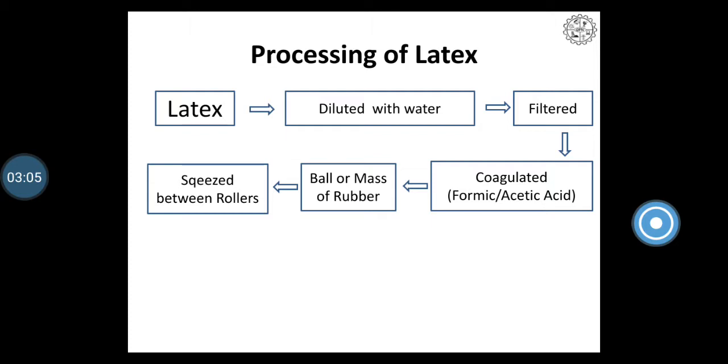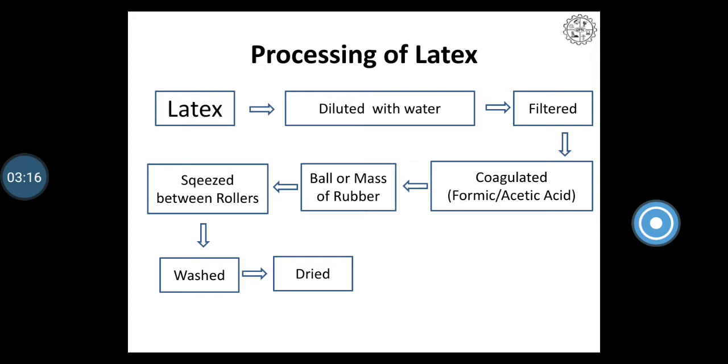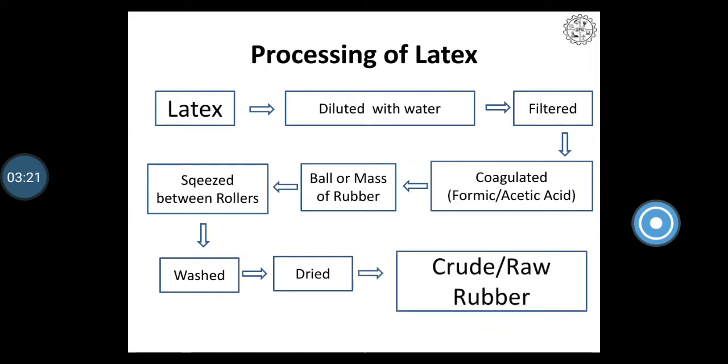After squeezing, the water is removed and we get sheets of rubber. The sheets of rubber are washed and then dried. These dried sheets of rubber are nothing but crude rubber or raw rubber. Or we can also say it is the natural rubber.